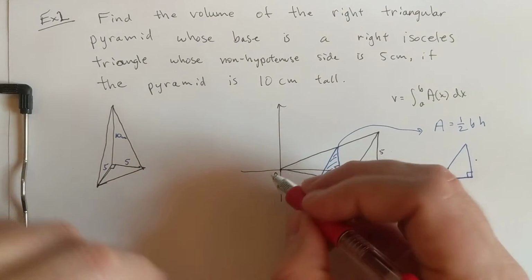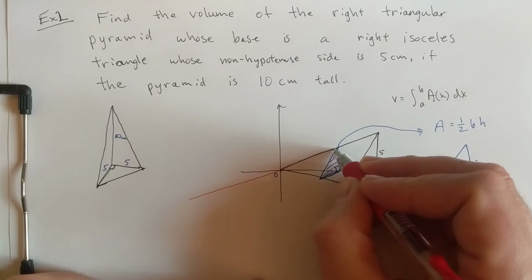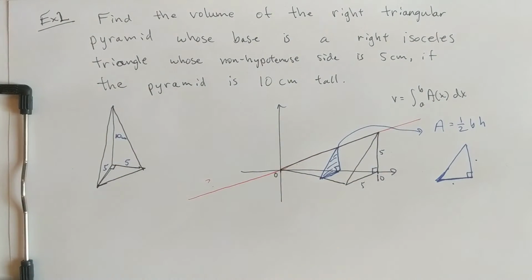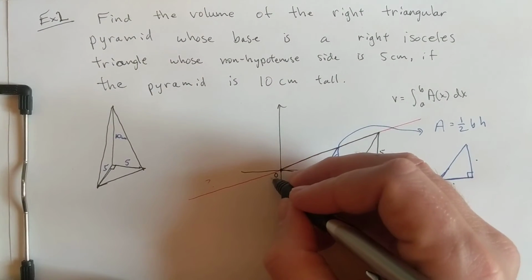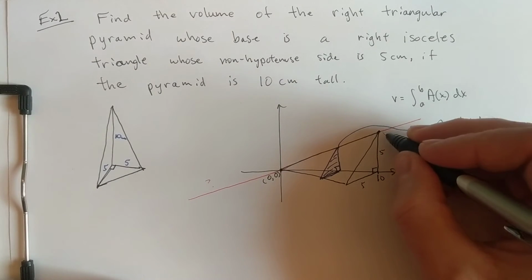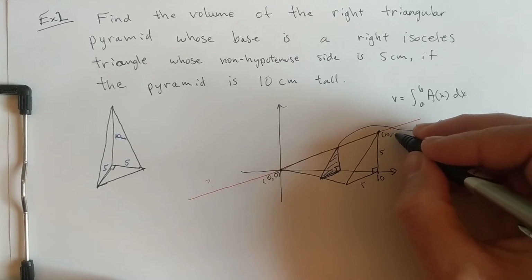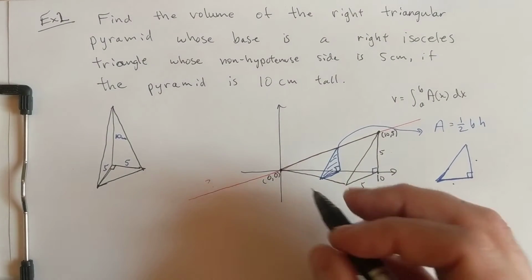So one way to do this is to figure out what the equation of this line is. We can do that because we have 2 points. We have the point (0, 0), and we have this point, and we know what the x and y values for this point are. We've gone out 10, and we must have gone up 5. So what is the slope of this line?